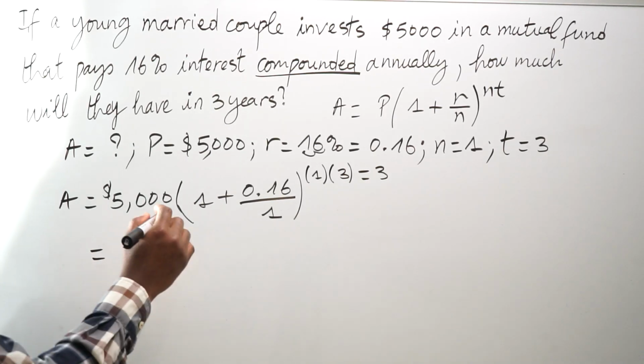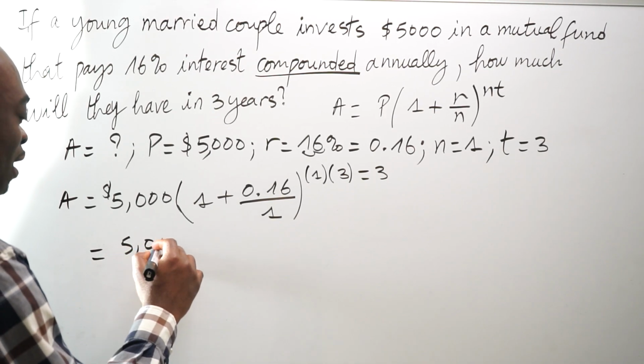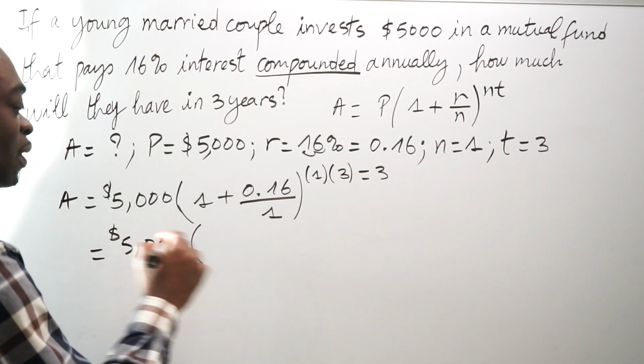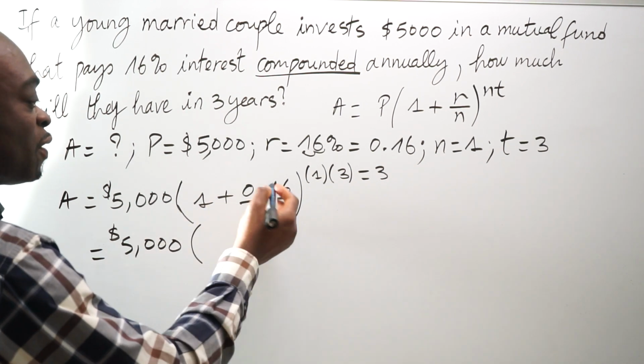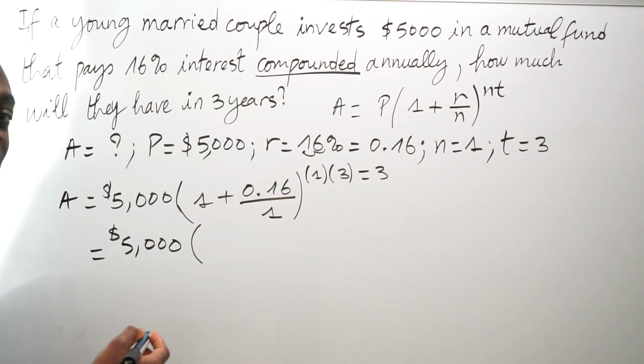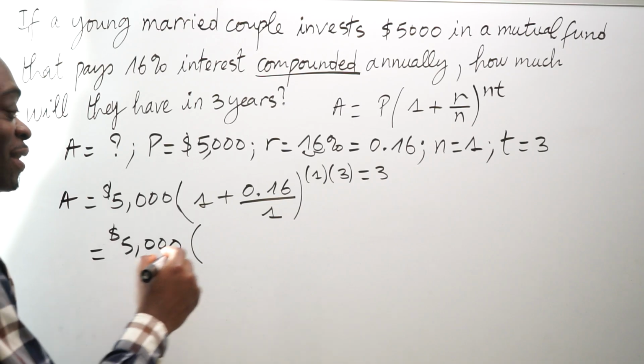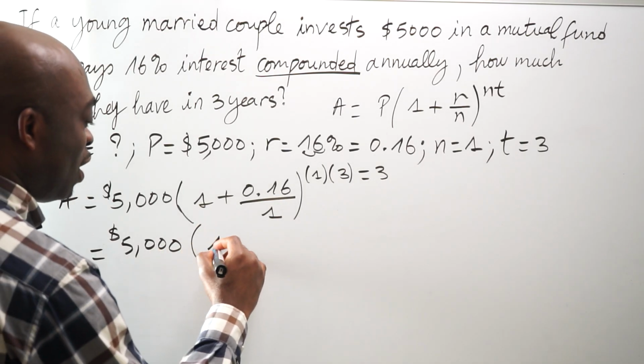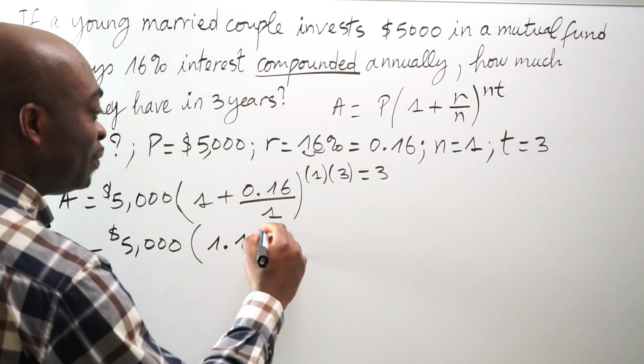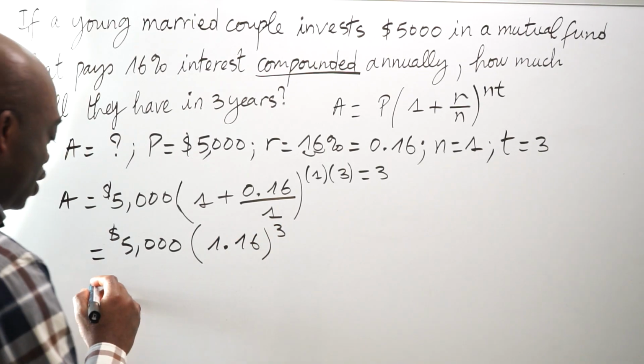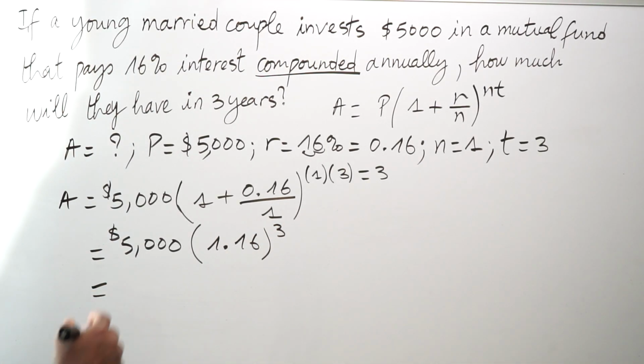So if we go here now, we have $5,000 times 1 plus 0.16, because 0.16 divided by 1 is the same thing, it doesn't change. So 1 plus 0.16 gives us 1.16, to the power 3. If you have a scientific calculator, you can plug that in there and get the answer straight.